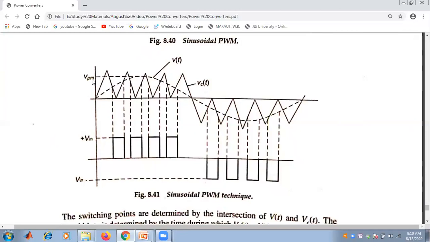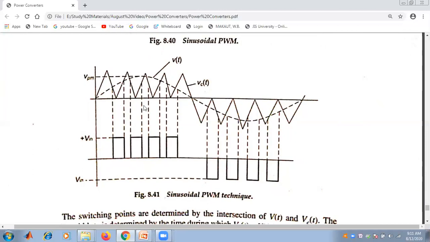The frequency Fpm is equal to the desired output frequency of the inverter.